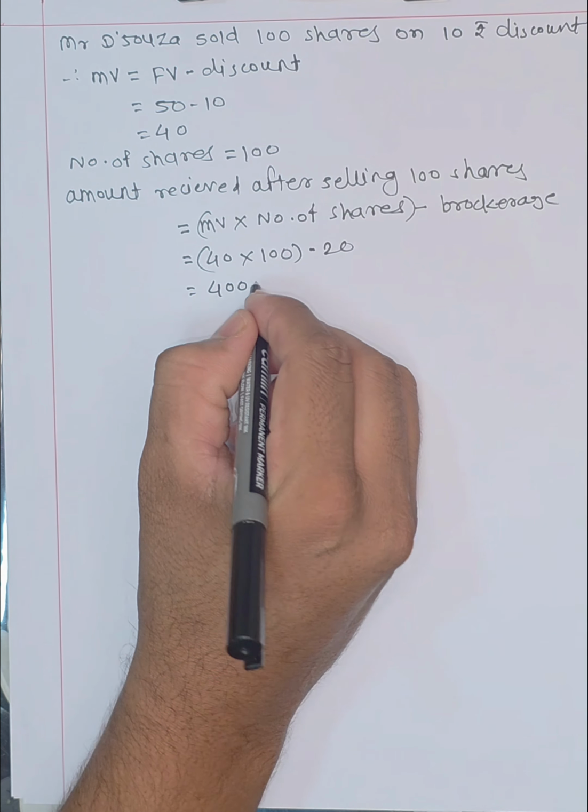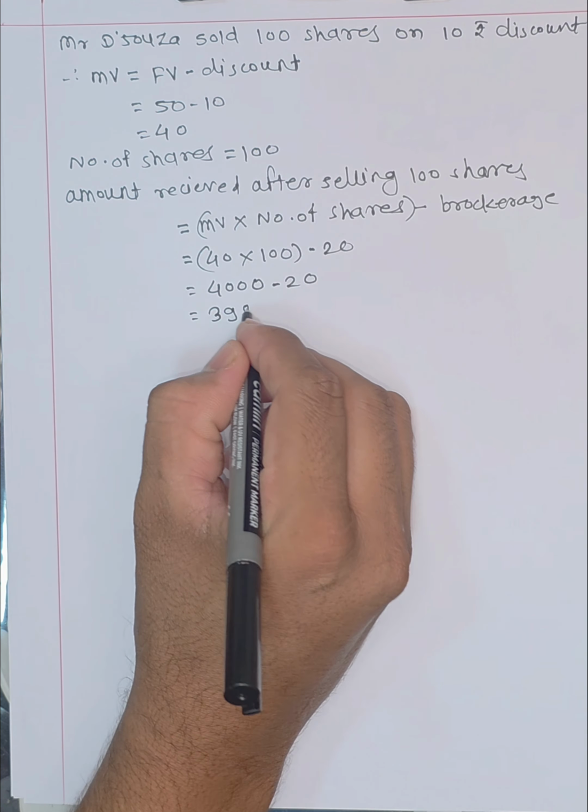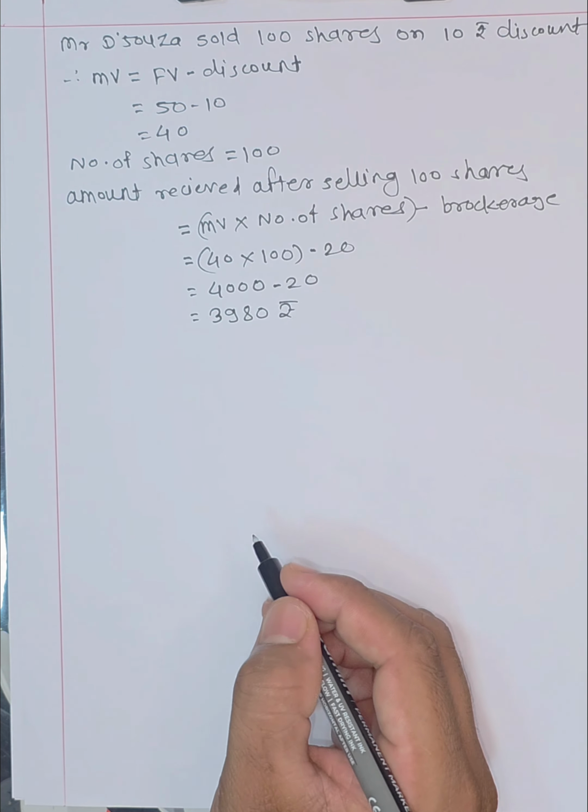Therefore, 4000 minus 20 is equal to 3980 rupees.